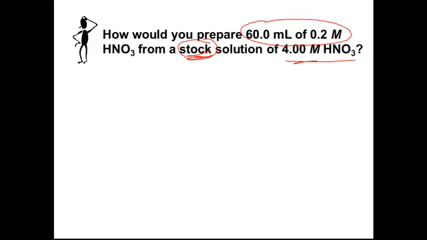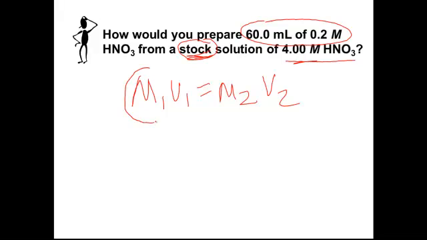So let's think about our equation: M1V1 equals M2V2. Our initial concentration, this one right here, is our 4 molar HNO3. So we're going to go 4.00 molar. Our V1 is actually what they're asking you about.